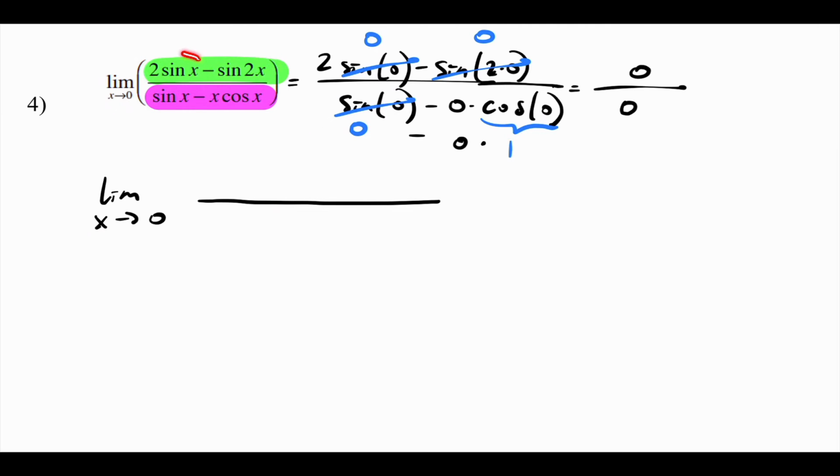The first one, we're just going to find the derivative. So the derivative of sine is cosine. 2 times cosine of x minus. The second part, we're going to have to use the chain rule for this guy right here. So the derivative of sine is cosine of 2x, times the derivative of the inside, which is just 2.